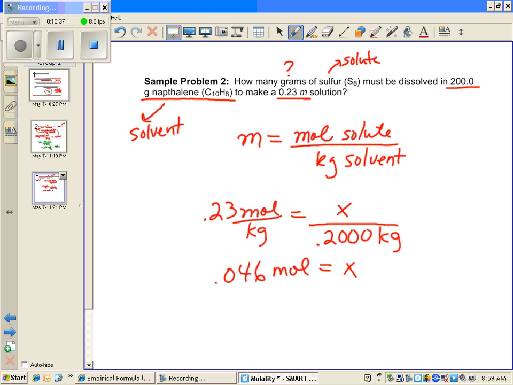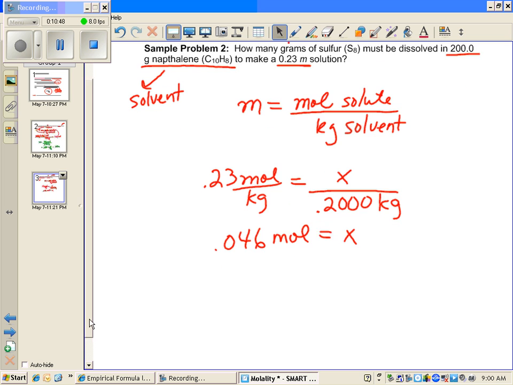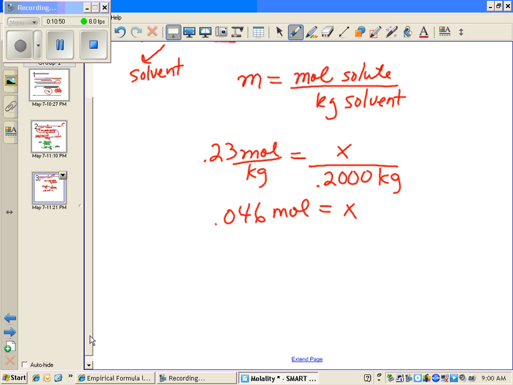Now, does that answer my question? No. Because when I do that, I have moles, and I want to find grams. So can I go from moles to grams? Yes. Sure. All I have to do is my mole conversion. So I'm going to say 0.046 moles of sulfur, which the formula was S8. I'm going to look that up on the periodic table.